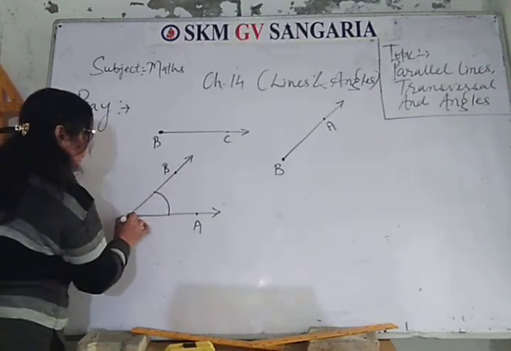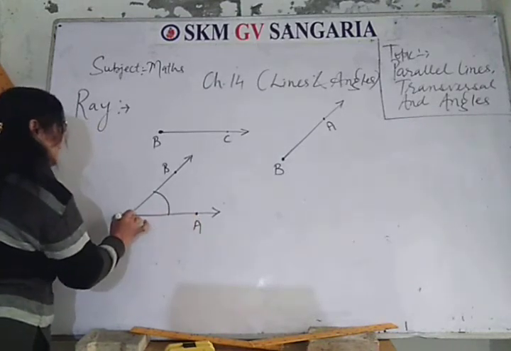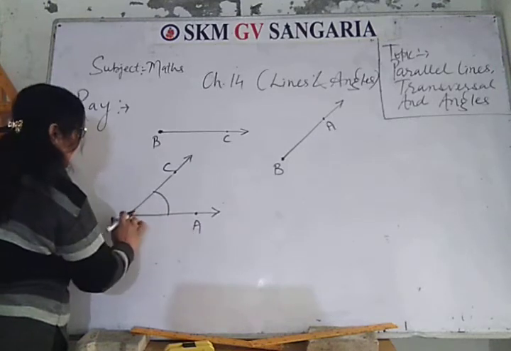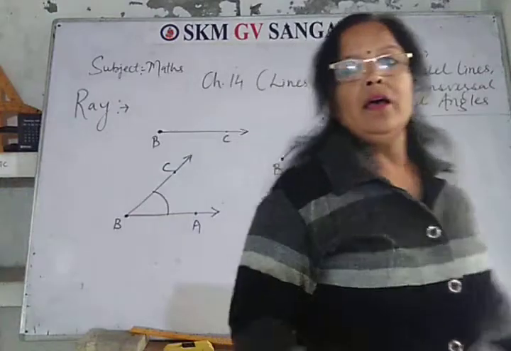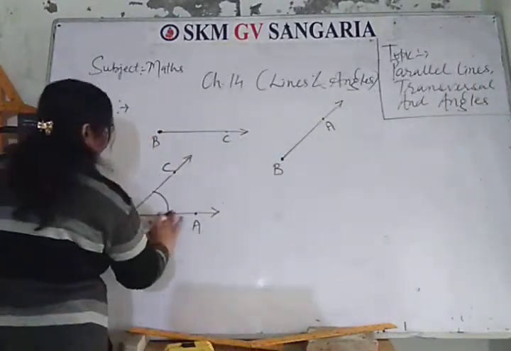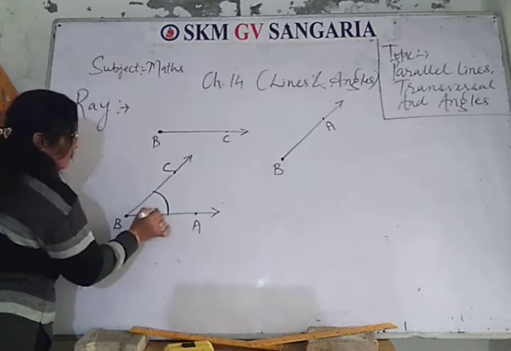So BA and BC are called the two arms of the angle, and B is called the vertex.